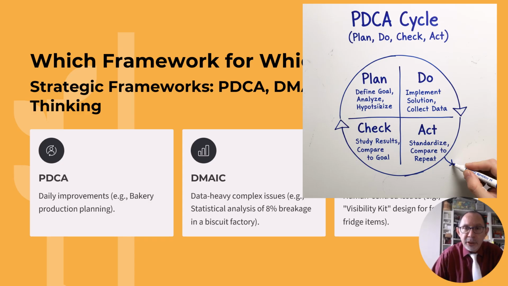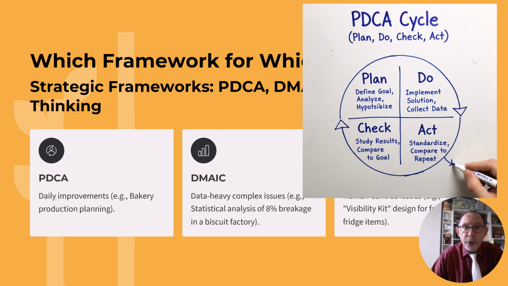Instead of large-scale overhauls, it focuses on the cumulative impact of daily refinements to minimize waste and maximize quality. The discipline fosters a learning culture within food organizations, serving as a vital driver for meeting 2030 sustainable targets and improving long-term operational efficiency. For instance, it's ideal for revising a baker's daily production plan.